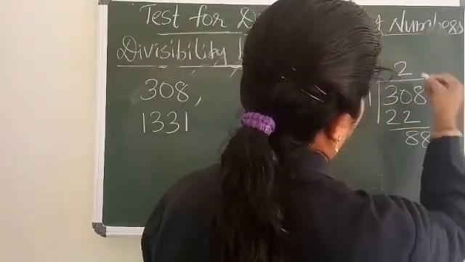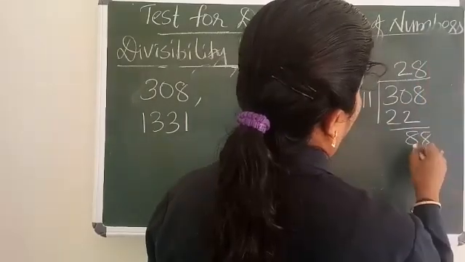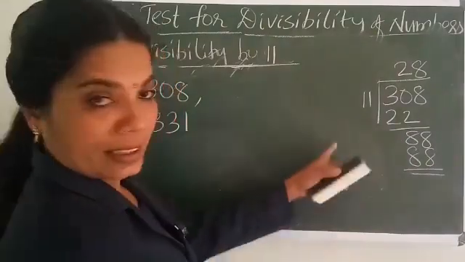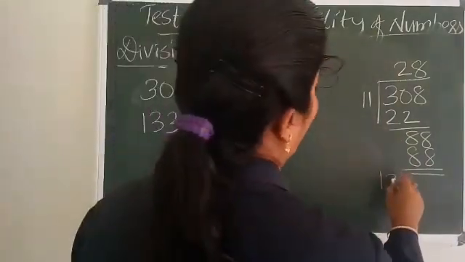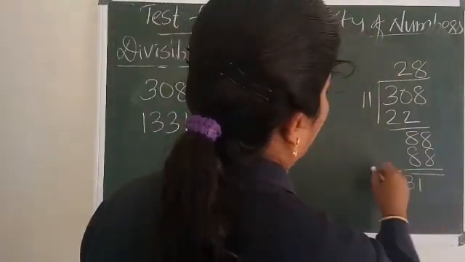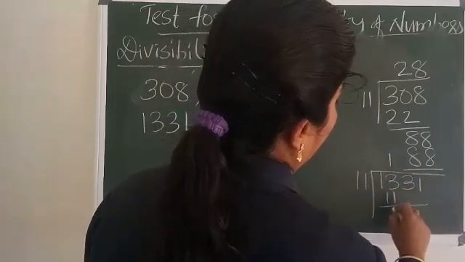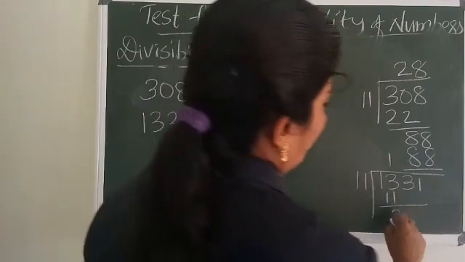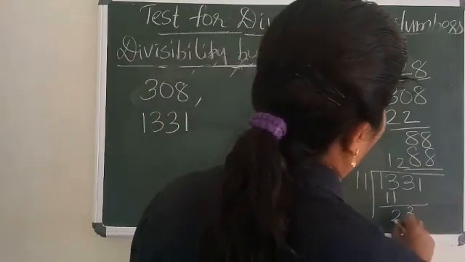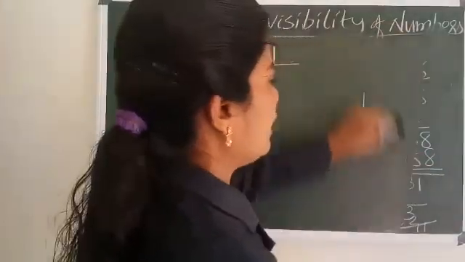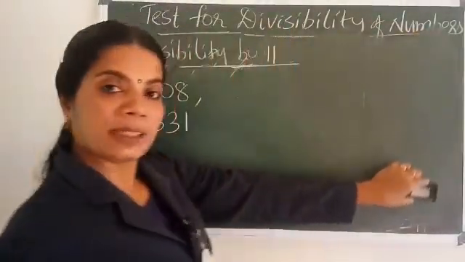Then 8, bring down 8. 8 elevens are 88. That is 308. Then let's check 1331. 1 time 11. Then 23, 2 times 11 is 22. Then 1, that is 121. Here, by the division method it is possible.